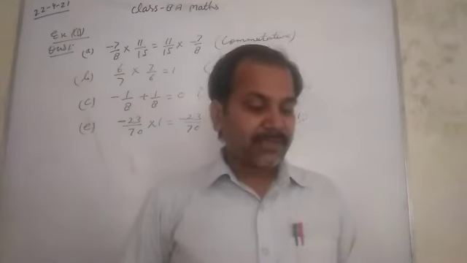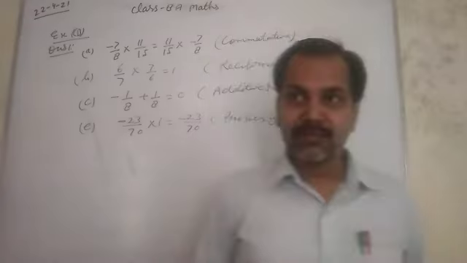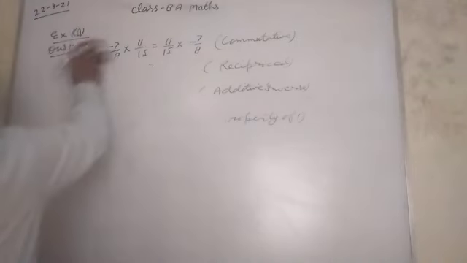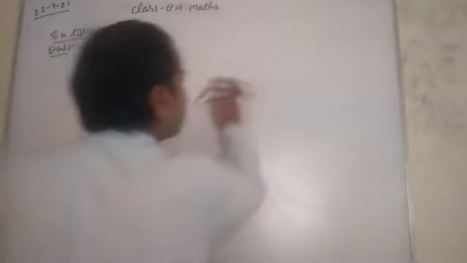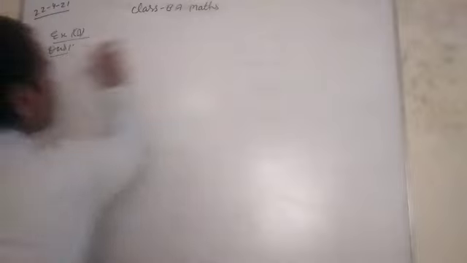In question 2, verify the following and state the property used. Here you have to write the property and also verify. Verify means you take LHS and RHS separately, and after simplification, if LHS is equal to RHS, then it is verified, and if not, then it is not verified.